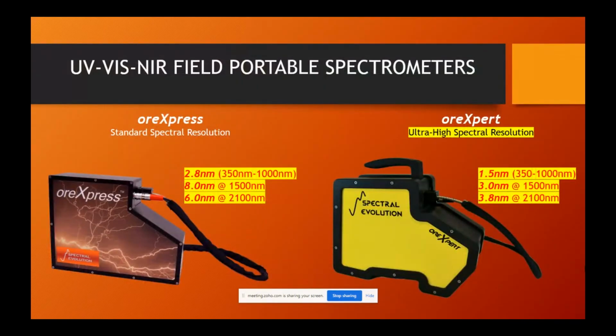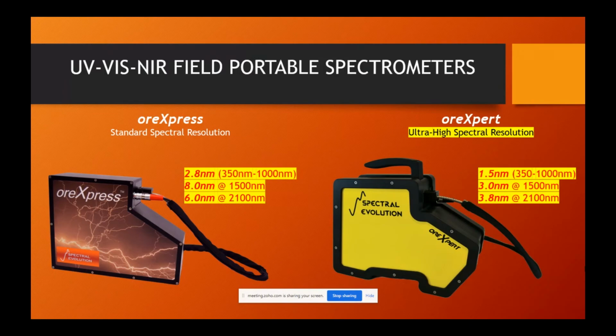The two different instruments that we'll be discussing today are the OR Express and OR Expert. Our OR Express is the standard spectral resolution spectrometer that we offer, which is full range and has a spectral resolution of 2.8 nanometers in the UV, 8 nanometers in SWIR 1, and 6 nanometers in SWIR 2.